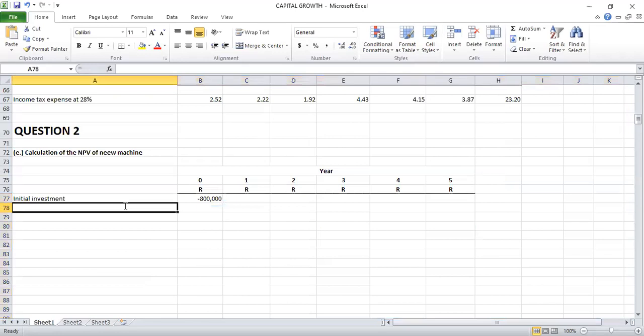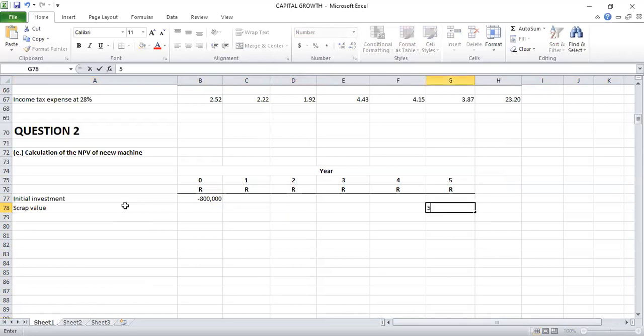Then we'll have the scrap value, 50,000, in the final year. And the scrap value will be positive because we'll be selling. So we're going to get money.